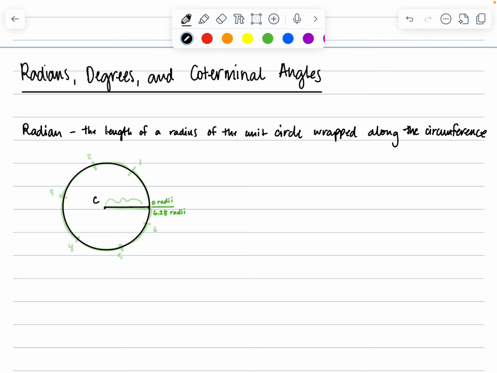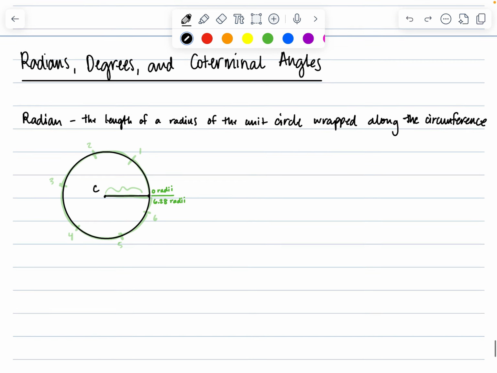So it's the length of the radius of the unit circle wrapped along the circumference. Depending on how far you go, depends on how many radii you have. So we have 1 radii goes about here, 2 would wrap around, and so on and so forth.